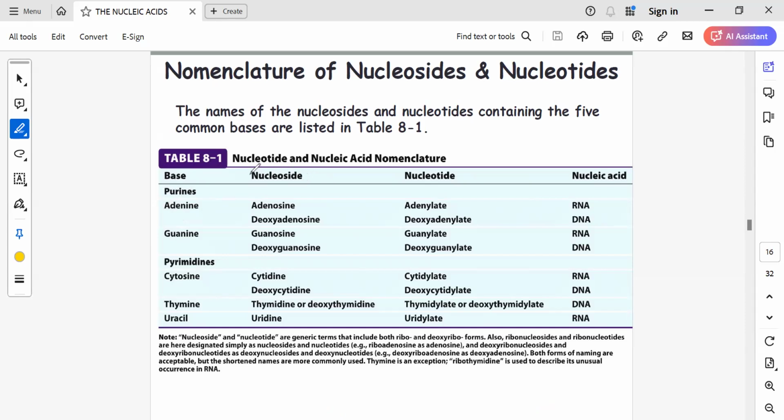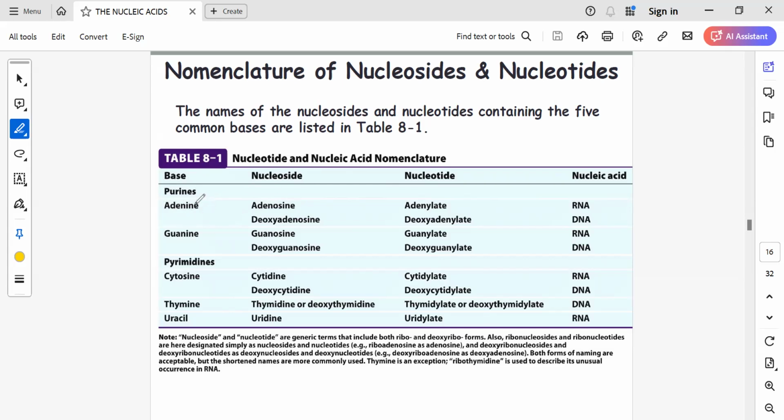Now, what is the difference between the base and the nucleoside? The difference is that when you have a sugar added to the base, the name changes to the nucleoside.